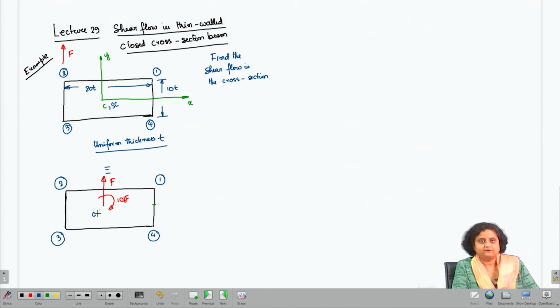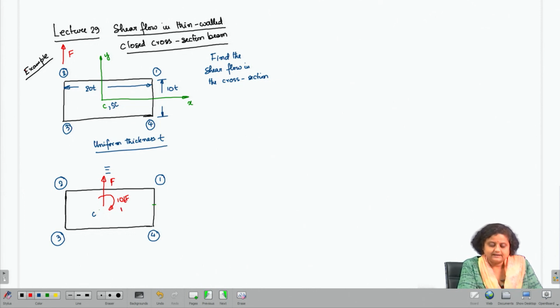As we have discussed earlier, the force applied at a point other than the shear center is converted to an equivalent system where the force is moved to the shear center and we have a moment which is F into 10t. The 10t is the distance between the point of application of the force and the shear center. So, F into 10t is the moment Mt that is acting on the cross section.